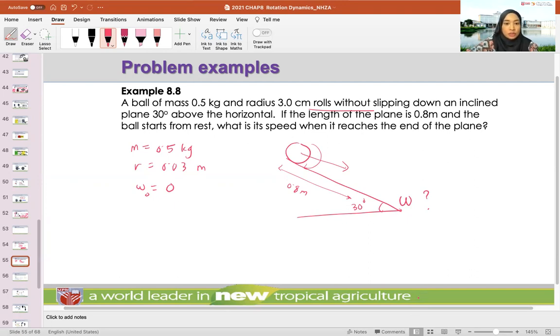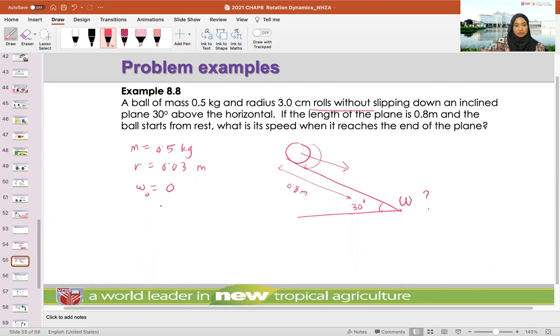What equation should we use here? Semua dah macam tak larat dah. What equation should we use here? Rolls without slipping. We have apa lagi?